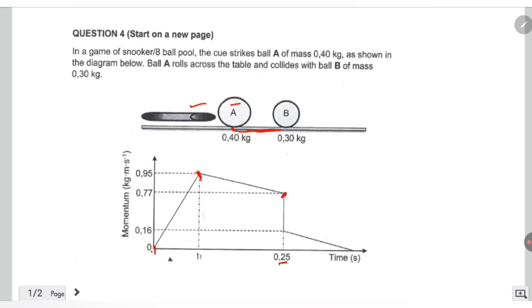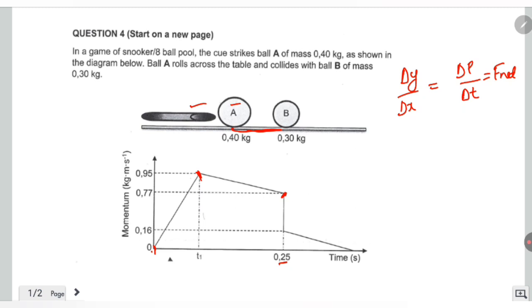We can make use of this graph, because if you take the gradient of this graph, it's equal to what? Gradient is change in y over change in x, and change in momentum over time is equal to F net. So we can make use of the gradient here.